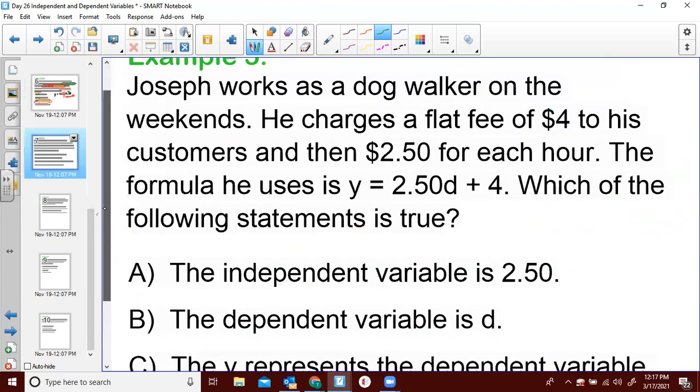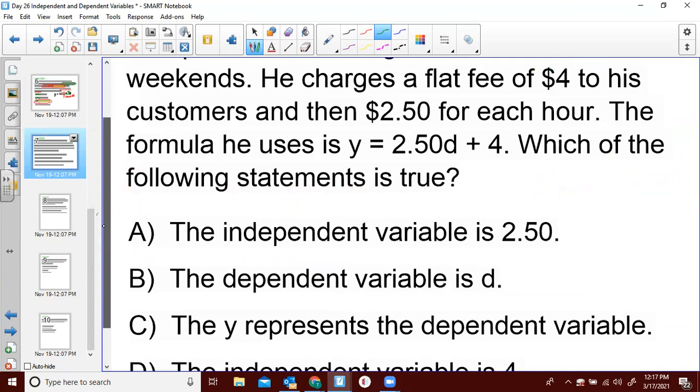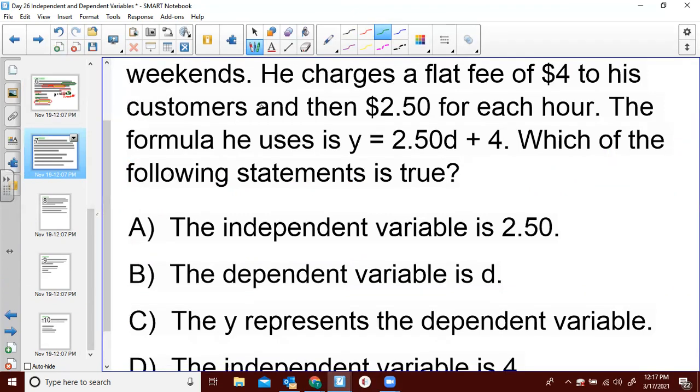All right, Joseph has a dog walker on the weekends. He charges a flat fee of $4 to his customers, and then $2.50 for each hour. The formula he uses is Y equals 2.50D plus 4.